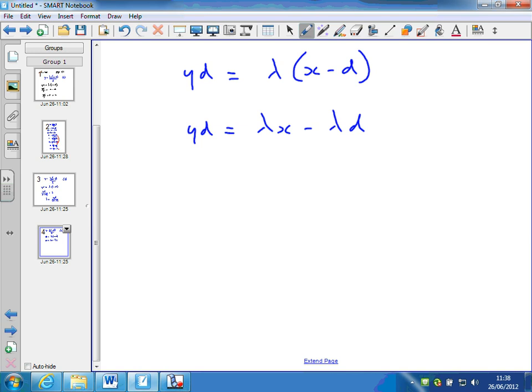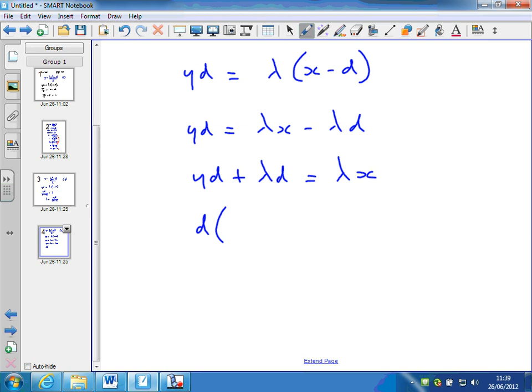So I've got minus lambda d on the right-hand side, so add that term to both sides to get all the d's on the same side. And we get yd plus lambda d equals lambda x. Now if we look at the left-hand side, d occurs in both terms. So d being common to both, we can take that outside a bracket. In other words, we can factorize.